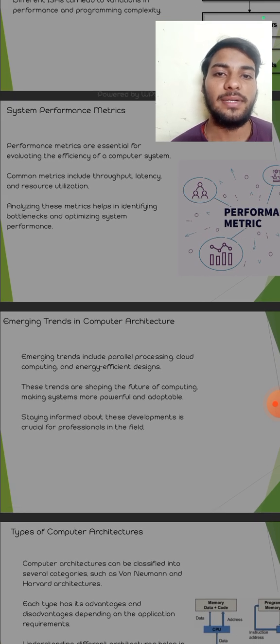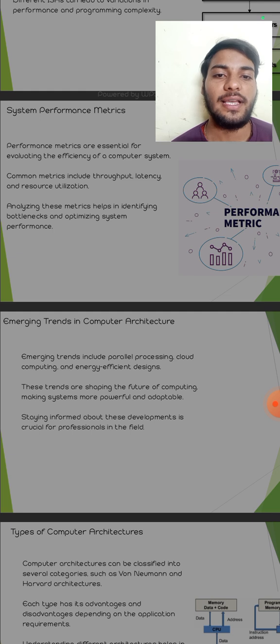Next we have the system performance metrics. Performance metrics are essential for evaluating the efficiency of a computer system. Common metrics include throughput, latency, and resource utilization.